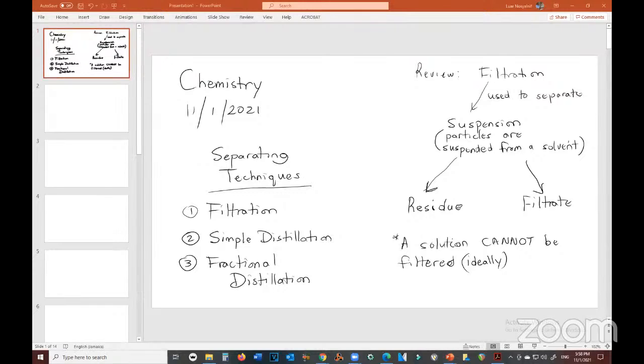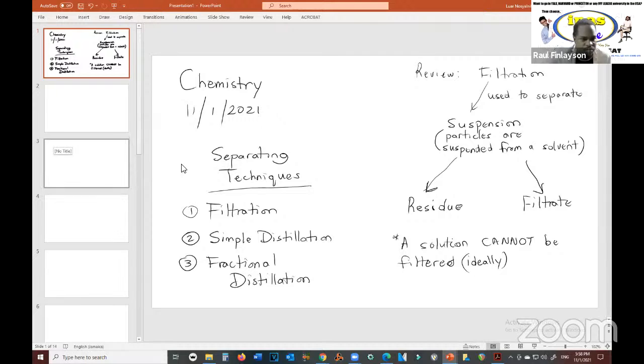Let me know when I can move on. Filtration, simple distillation, fractional distillation, and we have quite a few more. But for CXC purposes, these three and number four would be crucial as well.